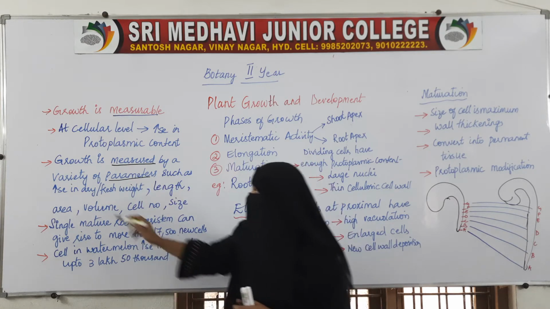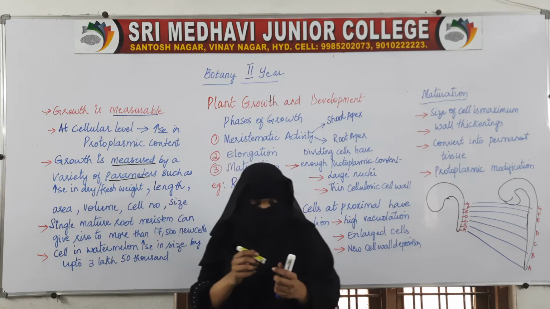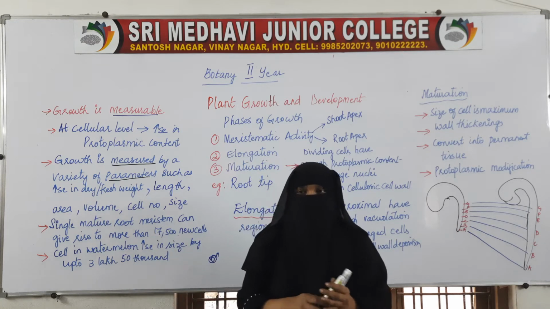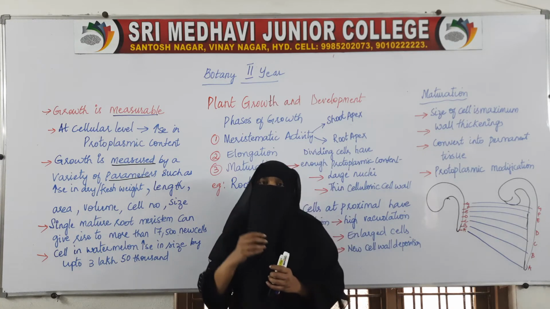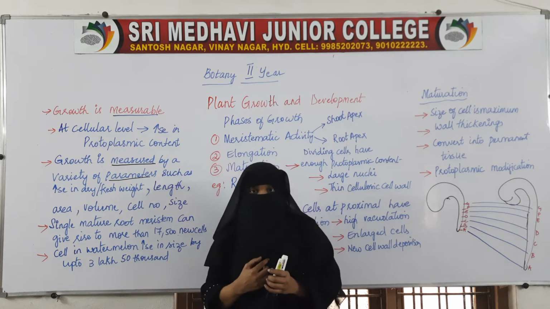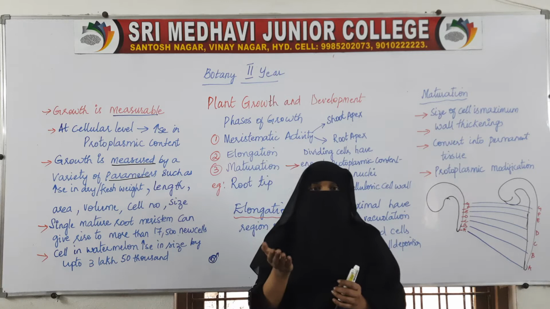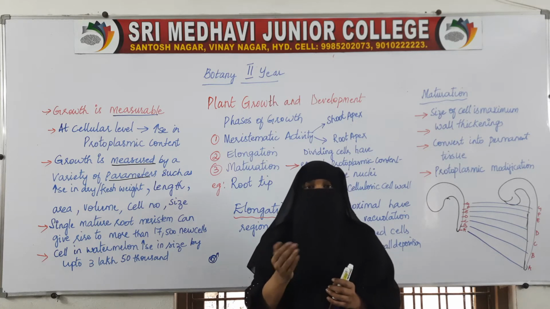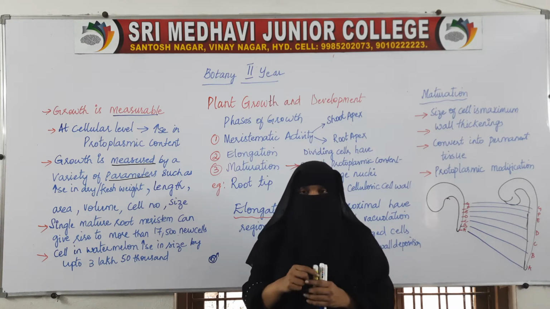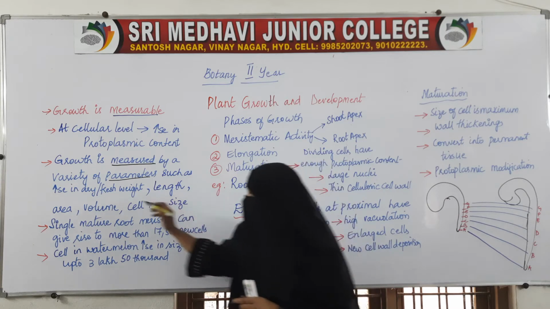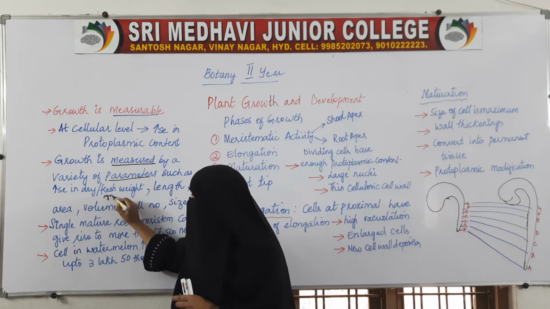Those parameters are, first, increase in weight. Take a fruit when it is fresh, still on the plant itself, and weigh it. Here it will be 1 gram.